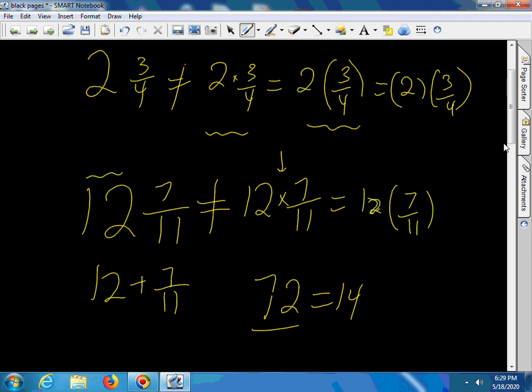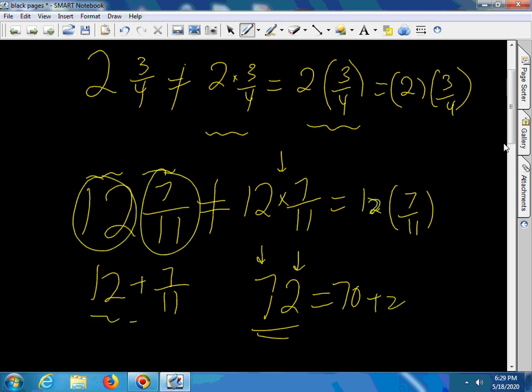Just like this. 12 is a number, and 7/11 is a number. It's addition. You may say, well, I don't see addition over here. Well, there you go. That's 70, and you're adding 2. There's your addition. This is 12, and you're adding 7/11. Okay, that completes this video.